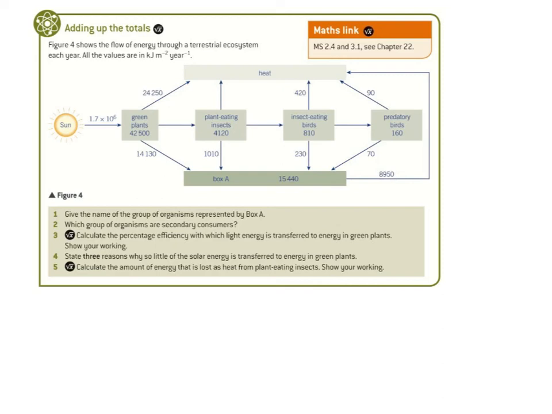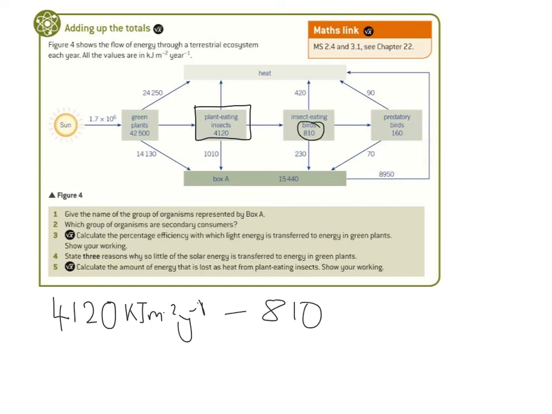Okay, so it's asking to calculate the amount of energy that is lost as heat from plant-eating insects. Okay, so I can see straight away that my input here is that they have 4,120 kilojoules per metre squared per year. Okay, and I can see straight away that 810 is passed on.